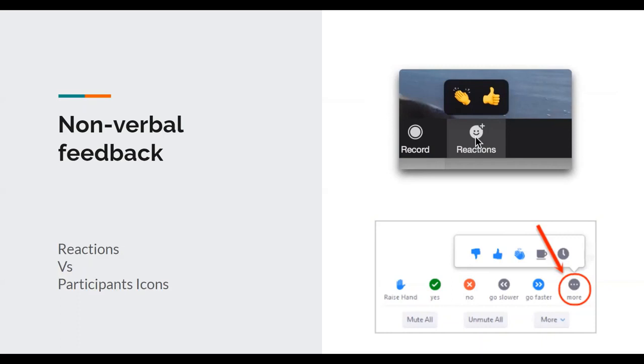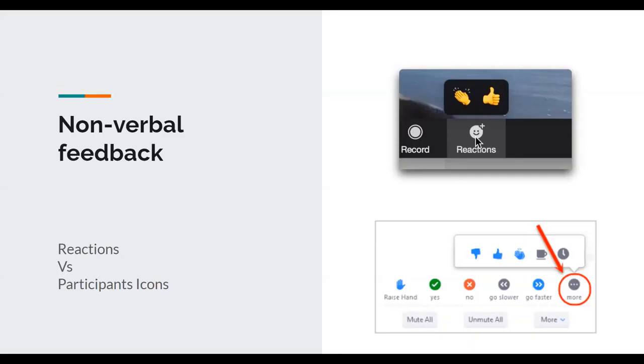Again, depending on the device that you're on, you may have to hit more in order to see some more of these options. If you're on a PC, you might see them all. If you're on a mobile device, you might see just an abbreviated version of them. That's an important thing to remember, especially if you've got folks in your class who are a little concerned that they don't have this feature. Clicking more, depending on your device, will sometimes pull up some of those additional icons.